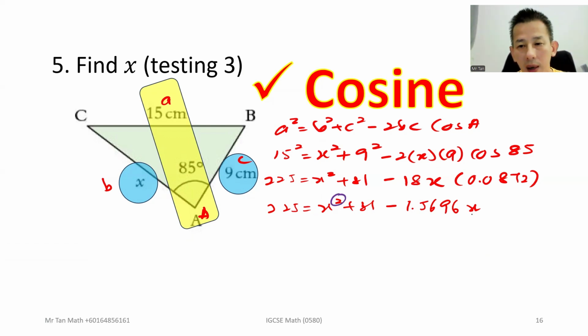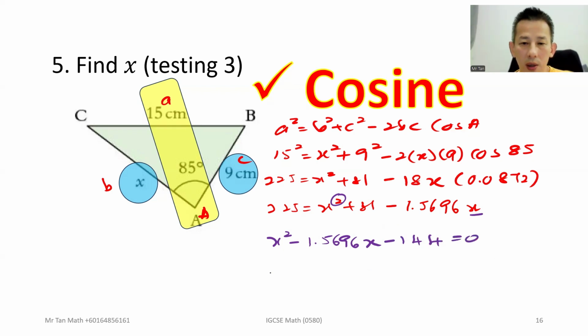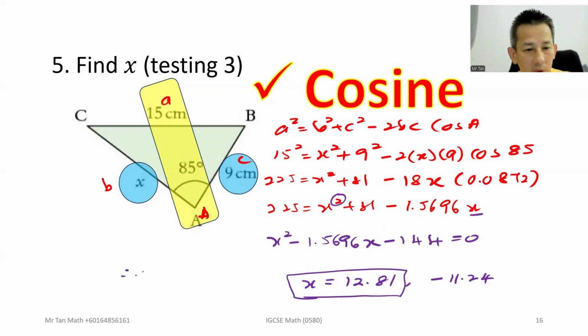Just put X squared minus 1.5696x, then plus 81 minus 225. 81 minus 225 gives minus 144. This should equal 0. You solve the quadratic and you should get x equal to 12.81 and negative 11.24. We just take the positive answer. Therefore, your x should equal 12.81.